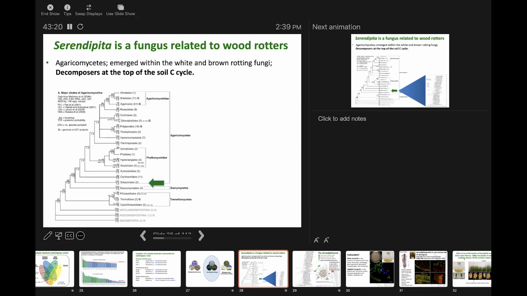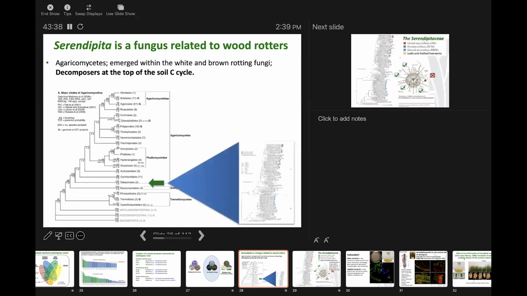Decomposers are responsible for breaking down the most complex carbon structures, cellulose, lignin, things that no other microbes can mess with except for decomposers. So they actually lie at the top of the carbon cycle. And without their activity, carbon would become bound in unuseful forms, and we would get nowhere, right?